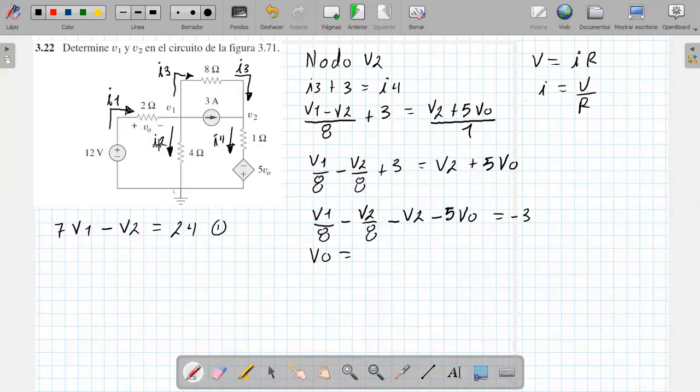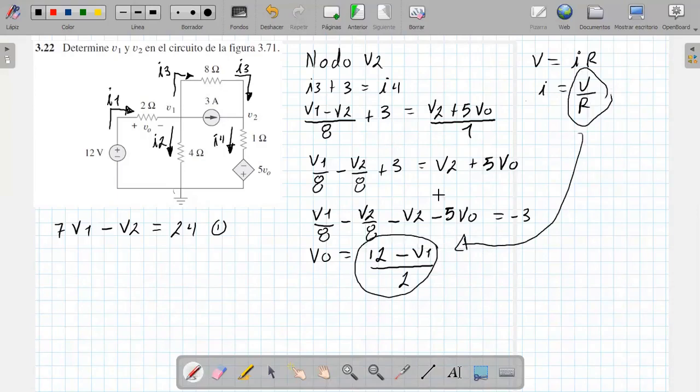So, the current that circulates here, as it comes in this direction, we already know that it is 12 minus P1 over 2.